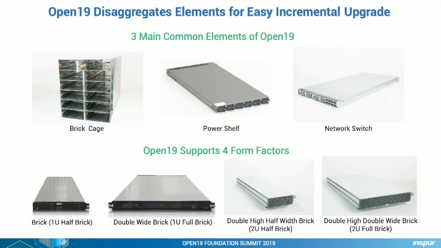You don't have to deal with that with Open19. So we are working with the Open19 Foundation very closely to design servers that fit into these form factors, leveraging all of the designs that we have from ODCC, OCP, and standard servers, and fitting those motherboards into the form factors so we can have multiple choices for Open19 deployment.